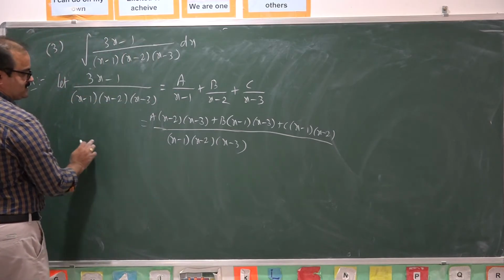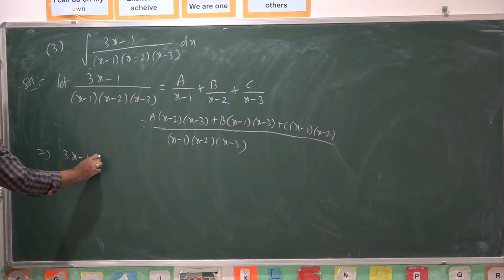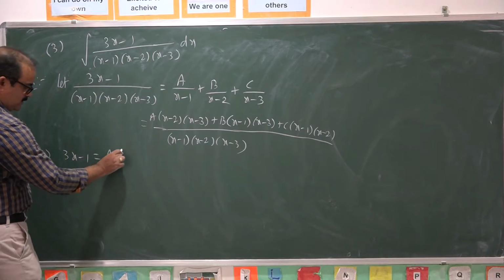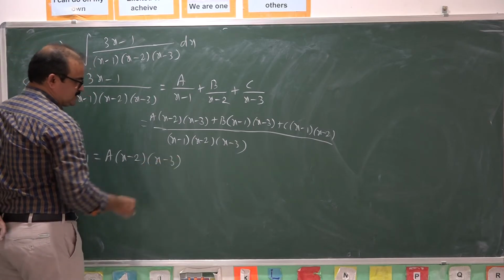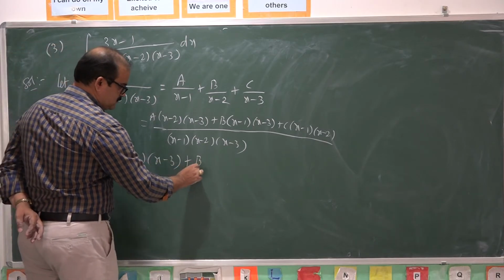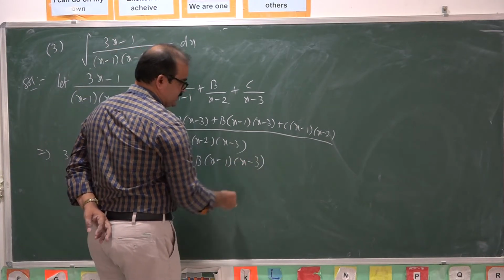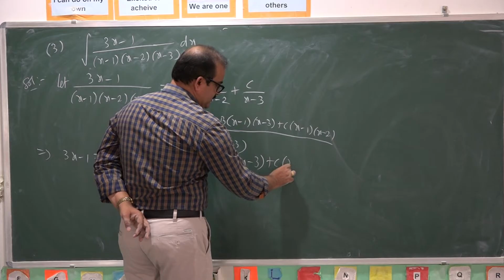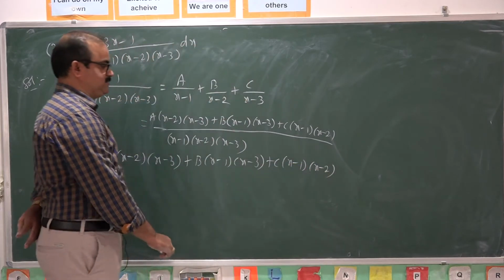Now denominators are the same, equating the numerators we get 3x minus 1 is equal to A(x minus 2)(x minus 3) plus B(x minus 1)(x minus 3) plus C(x minus 1)(x minus 2).